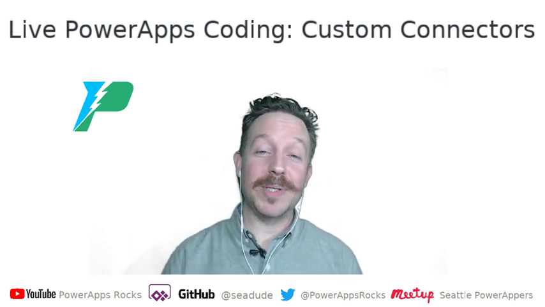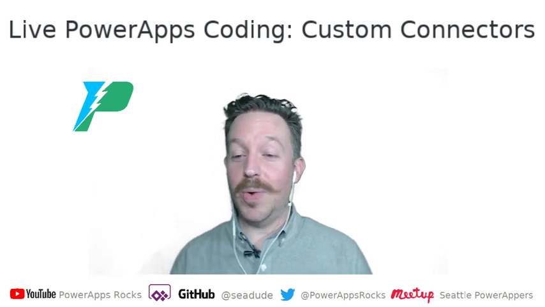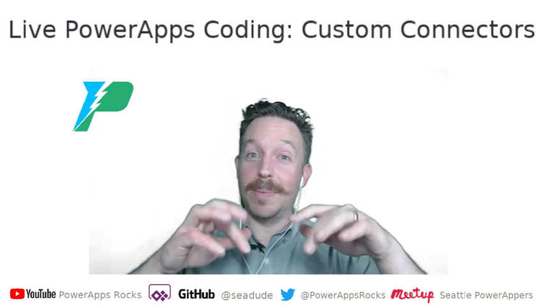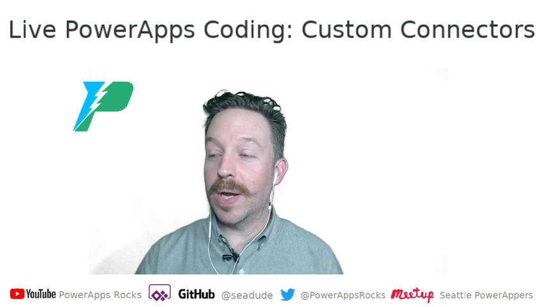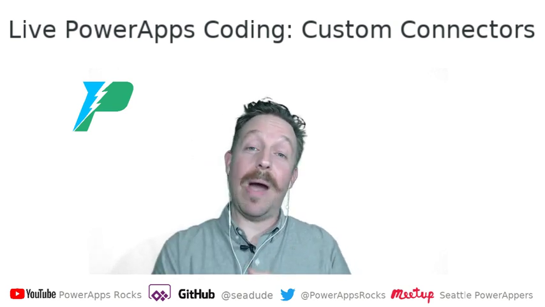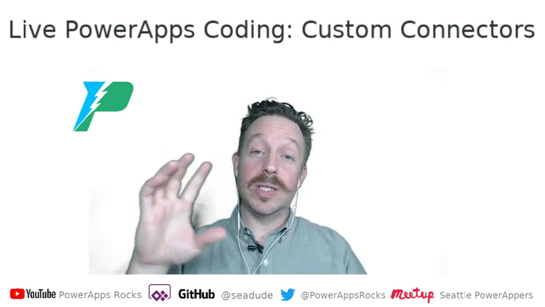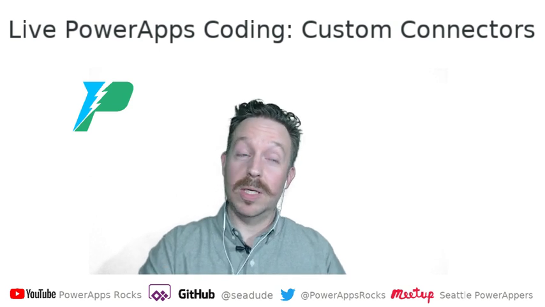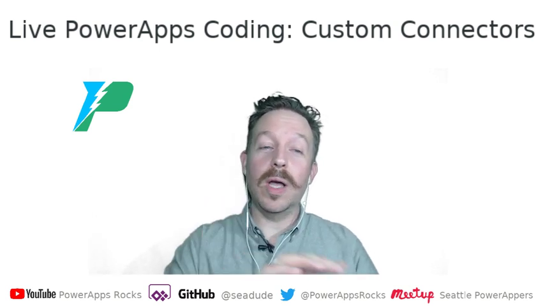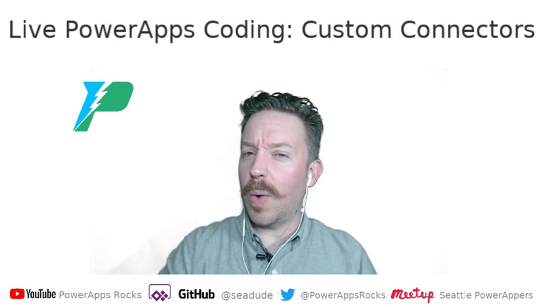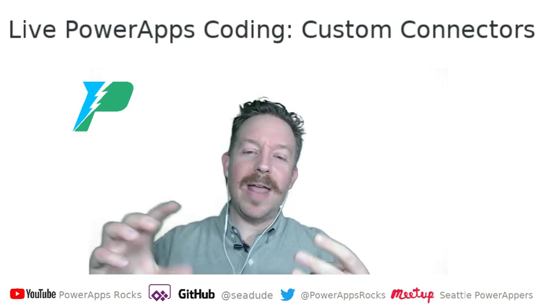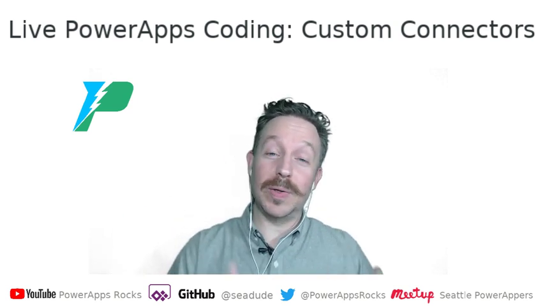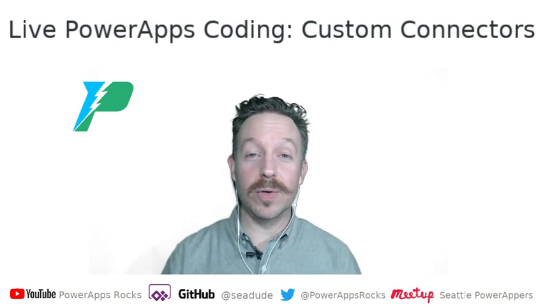I'm with PowerApps.rocks. And today we are going to try our hand at some live coding. We are going to build a quick Power App that uses custom connectors in order to call a USGS earthquake API and then pull back those results and display them to our users.